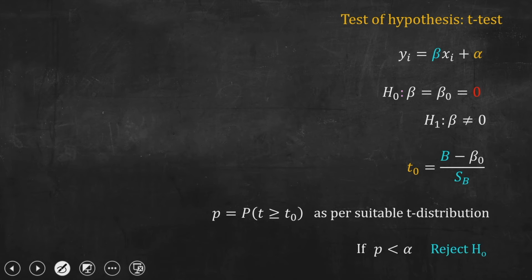Now once I have got this value, I calculate the value of T naught, and then I go back to T distribution and calculate the probability P such that T will be bigger or equal to the calculated T naught.